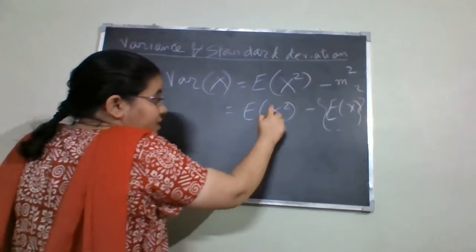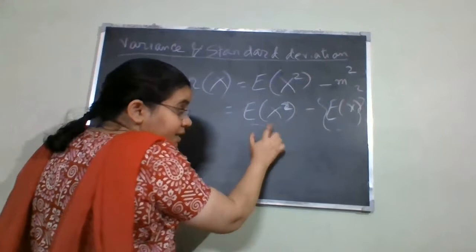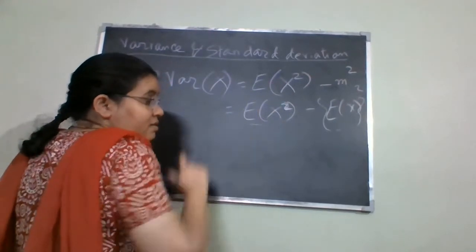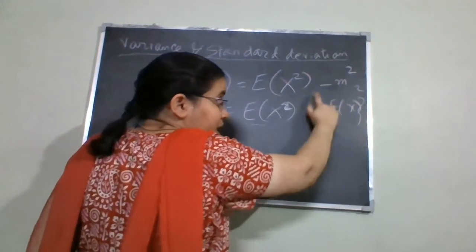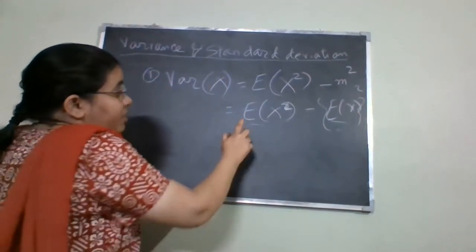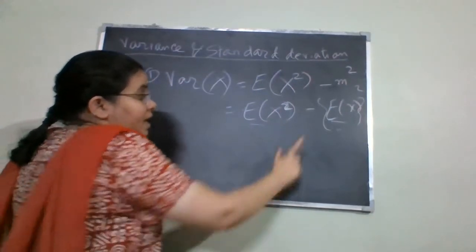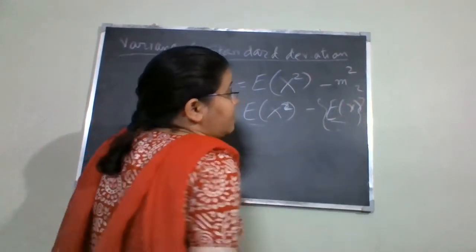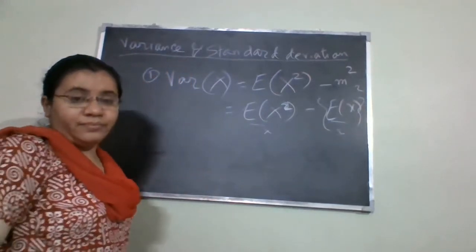E(X squared) means you are finding the expectation of the entire term X squared. In (E(X)) squared, you first find the expectation of X, and whatever value you get, you square it. These two are not the same.